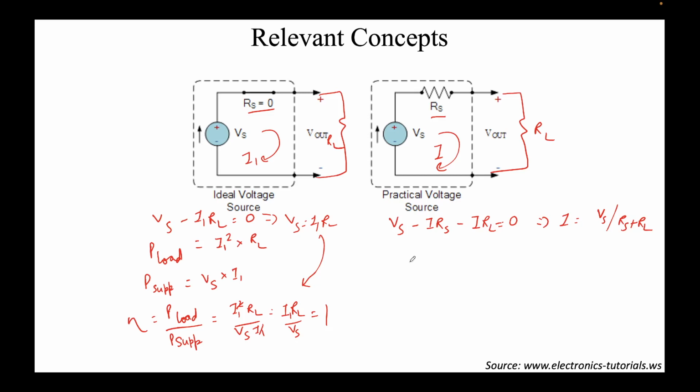Now, again, let's try to write the power delivery efficiency eta, which is equal to power delivered to the load divided by power supplied by the battery. I'm calling it P supp.